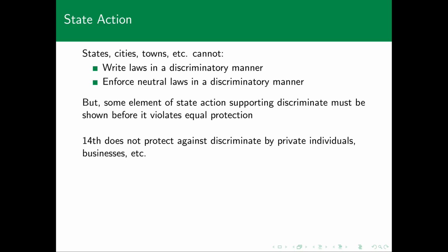An individual can discriminate based on race. An individual can discriminate based on religion. A business, for the most part, kind of can. We'll talk about why they can't, but the 14th Amendment doesn't prohibit that discrimination. The 14th Amendment only applies to government, so it doesn't protect against discrimination by private individuals.